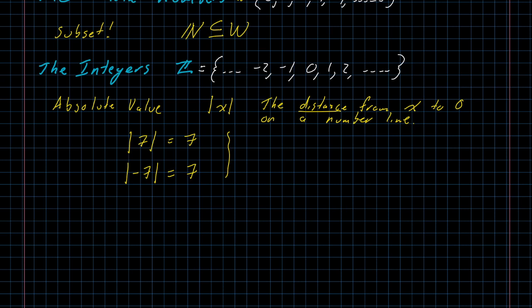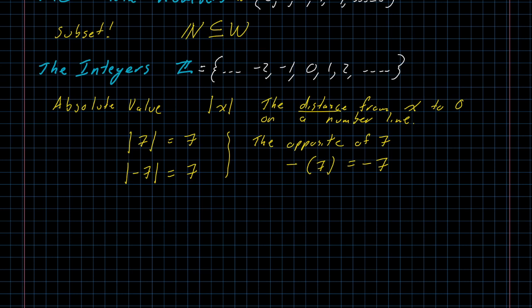So one of the things that you see fairly frequently is the opposite of a number. If I put a negative in front of a set of parentheses, the opposite of 7 is -7.